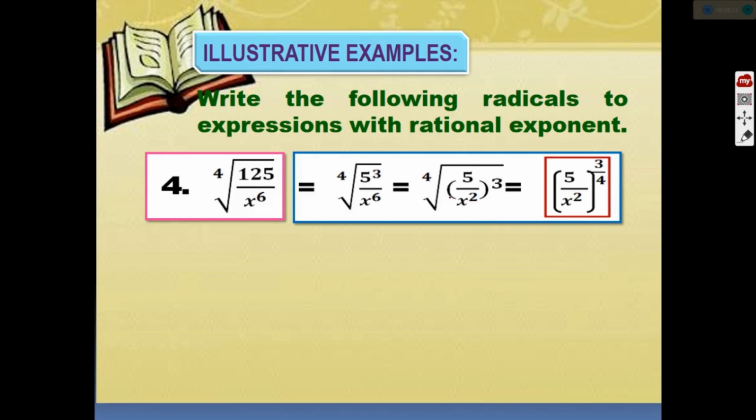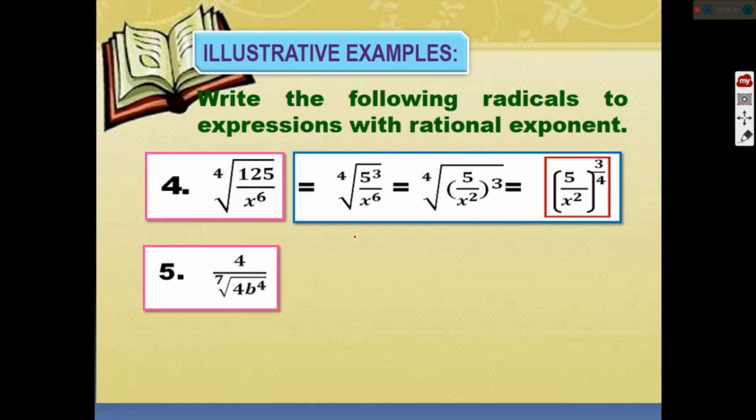So, therefore, kung ano yung nasa loob ng parenthesis, yun yung magiging base. The quantity of 5 over x squared raised to 3/4. Kasi exponent ay 3, dito sa loob ng radical sign, i-over sa index na 4.